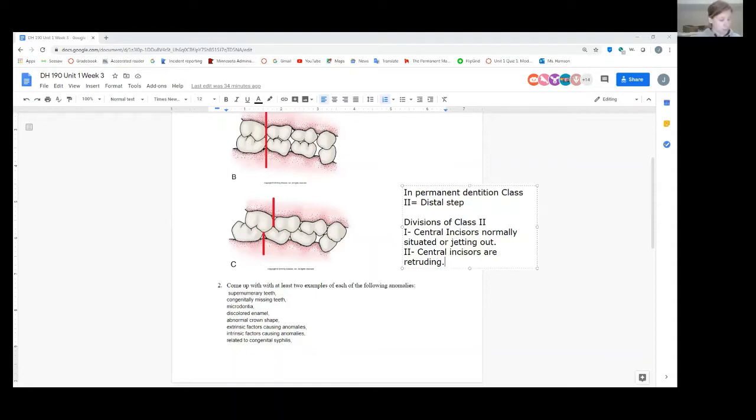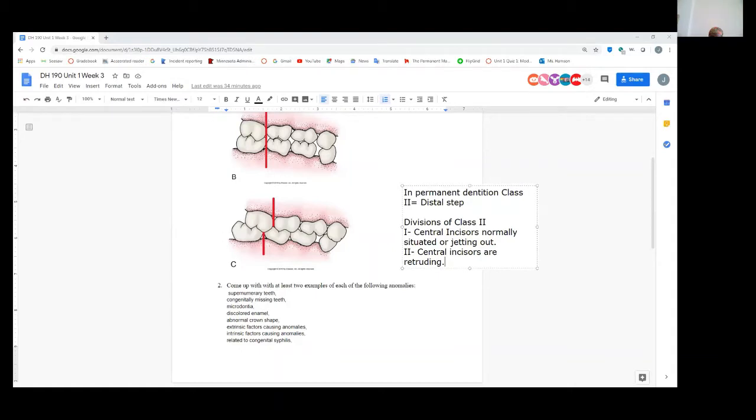Which occlusal classes are associated with a mesial step? I don't know. Okay, anybody want to help her out? Class 1 and class 3. Very good. And then class 2 is associated with a distal step.